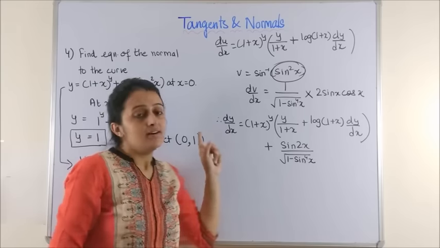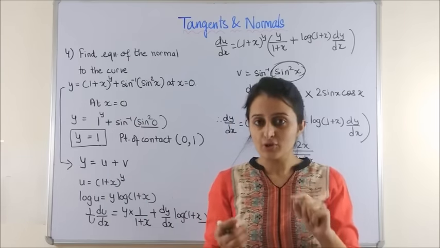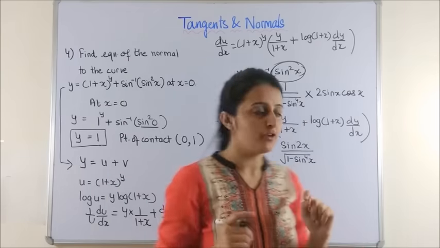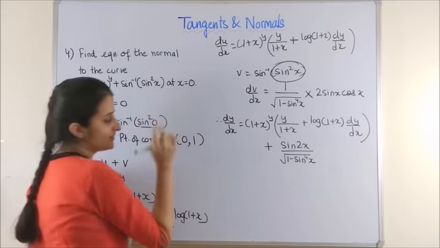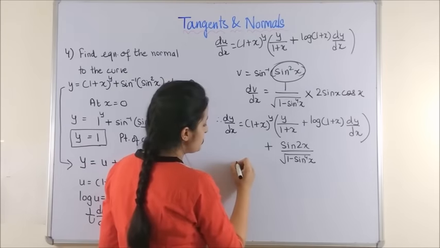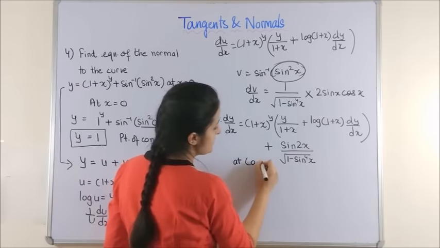Please remember, this is dy by dx. In order to find the slope of normal, you have to take the negative reciprocal at this point. Now let's substitute the value of the point of contact, which is (0, 1).